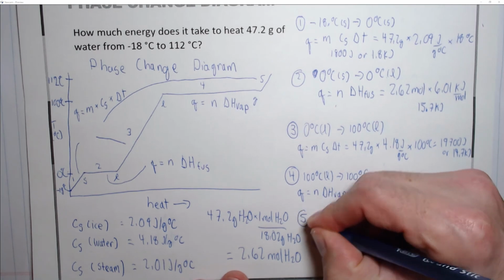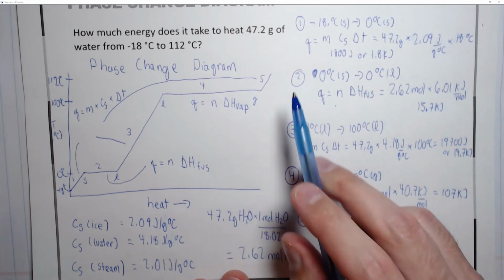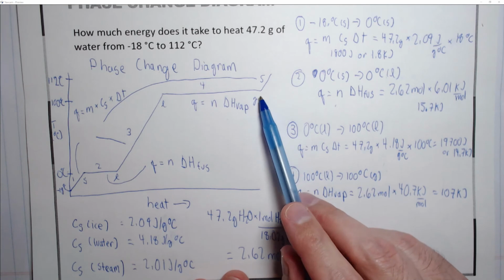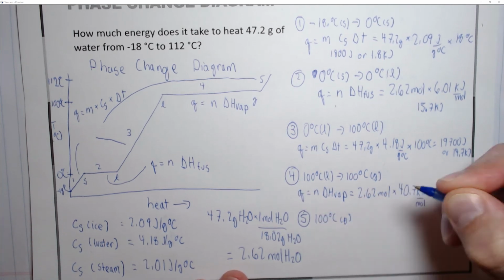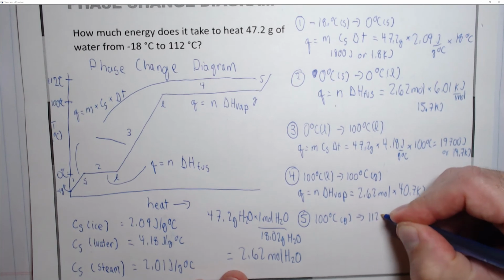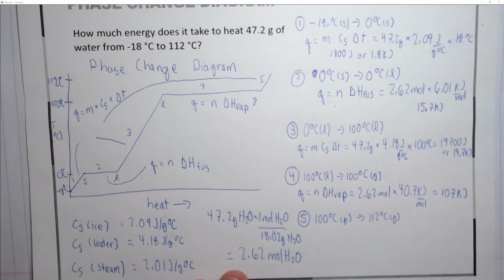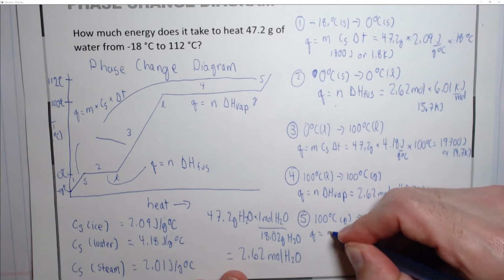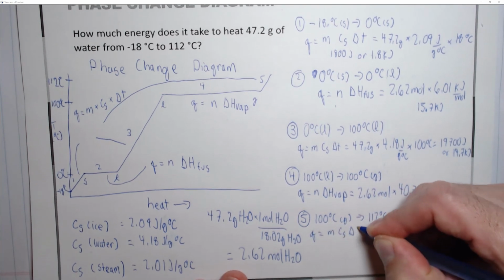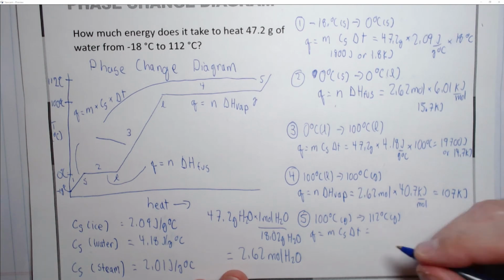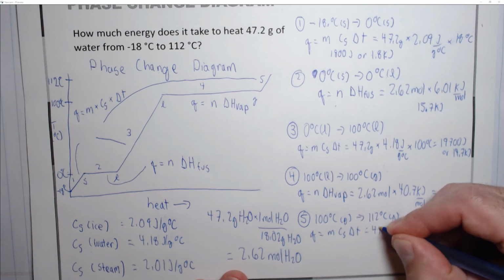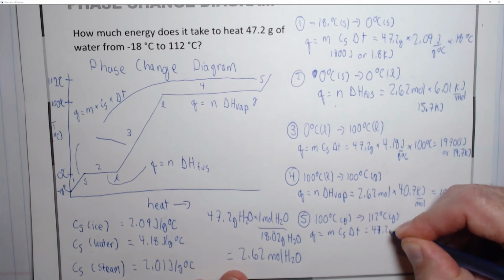Let's look at segment 5, the last segment. So 5, we're going from 100 degrees C as a gas to 112 degrees C as a gas. So we're back to Q equals m C sub s delta T. And when we plug in the numbers here, the mass that we have is 47.2 grams.